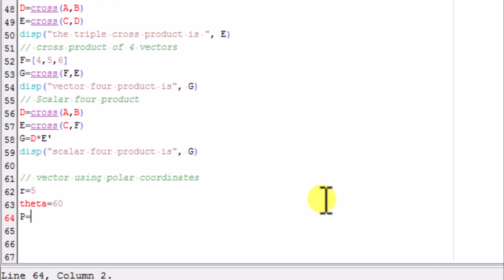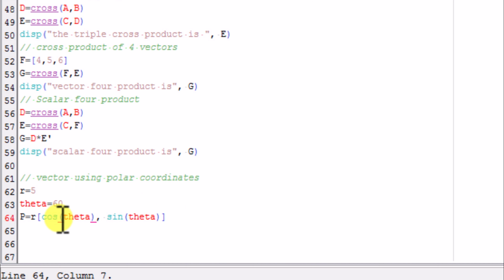So how will we do that? r, square bracket, star cos theta, comma, sin theta.